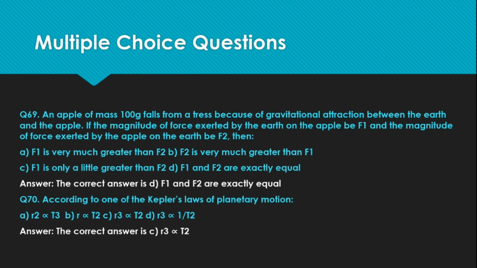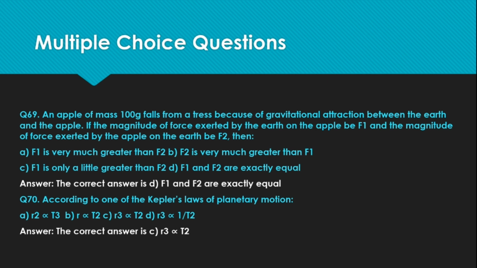So the correct answer will be that F1 and F2 are exactly equal because of the third law of motion, that every force has an equal and opposite reaction. So the force the earth exerts on the apple, the apple also exerts on the earth. So F1 and F2 will be exactly equal.